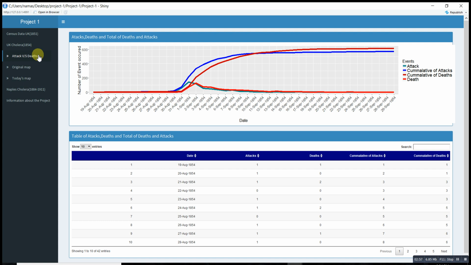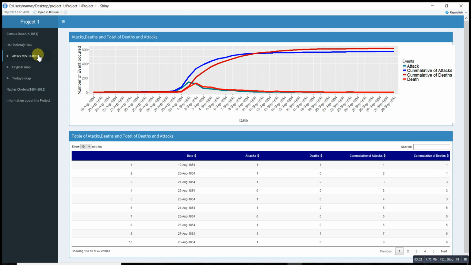Just pick up one date, suppose 4th September. When you relate it to the 4th September, you can see that around 350 cumulative deaths have happened by that particular day. And again, for each and every event, you can do the same thing.